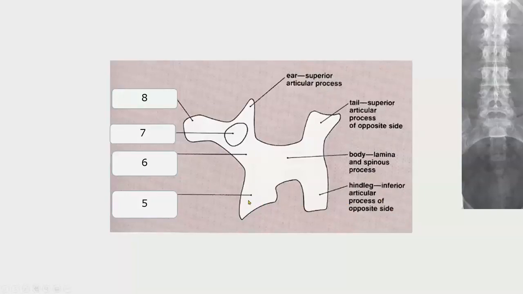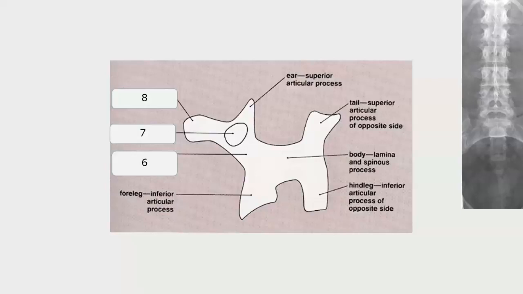Going forward to the anterior side, what is number five? Well, if this is the superior, this would be the inferior. You got it. Six. Go ahead, Mia. You did a good job on that one.